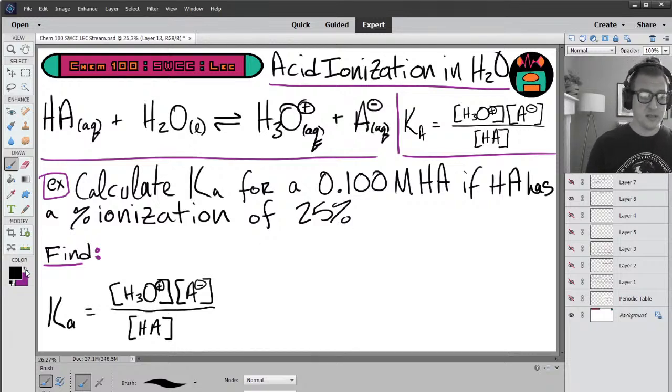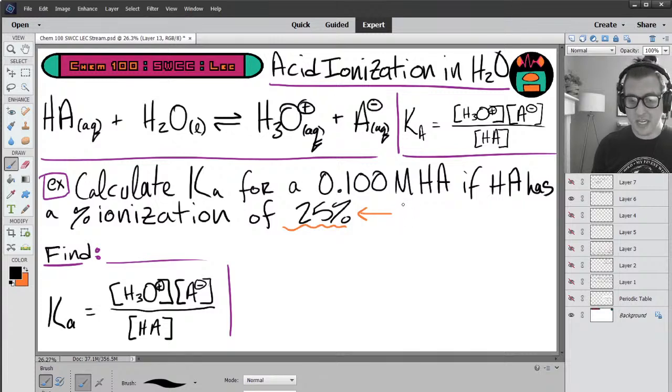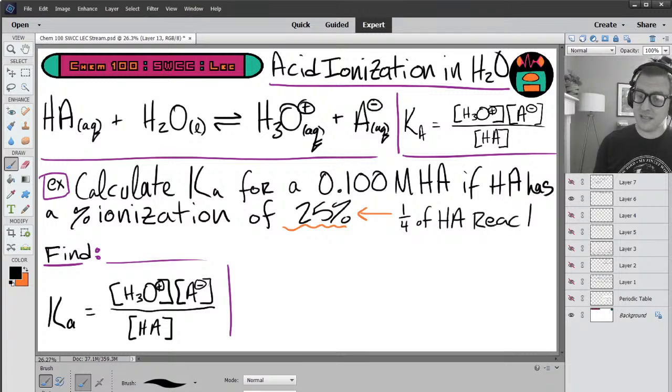We can do this with our percent ionization. So let's think about what our percent ionization means. All right, percent ionization means that 25% or 1/4 of HA reacts.